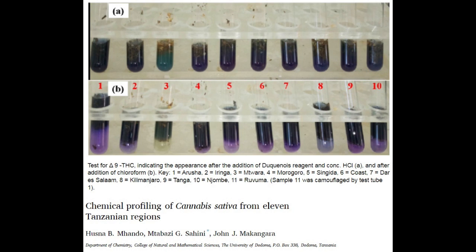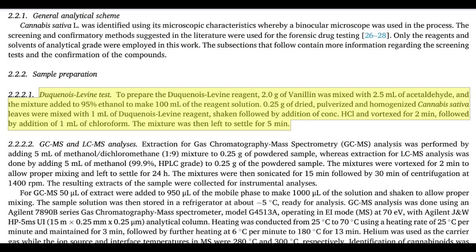I'm going to break with the normal flow here because I found an excellent paper that describes the prep and use of this reagent better than the document we are currently reviewing. They say the following. To prepare the reagent, 2 grams of vanillin was mixed with 2.5 milliliters of acetaldehyde, and the mixture added to 95% ethanol to make 100 mils of the reagent solution.